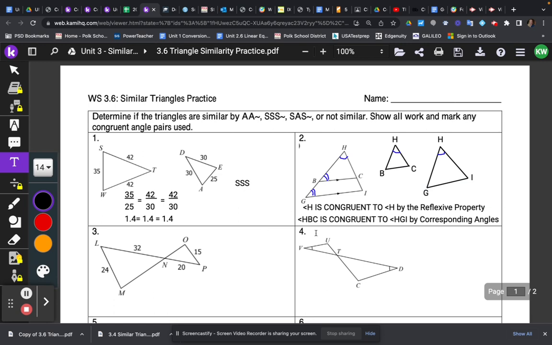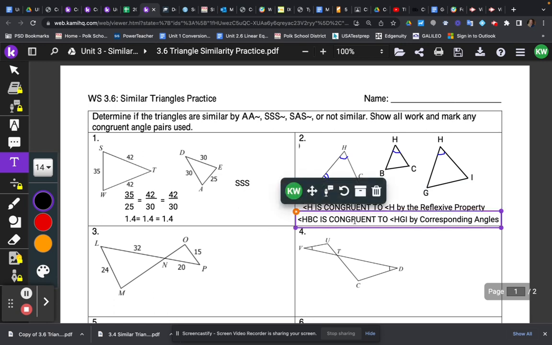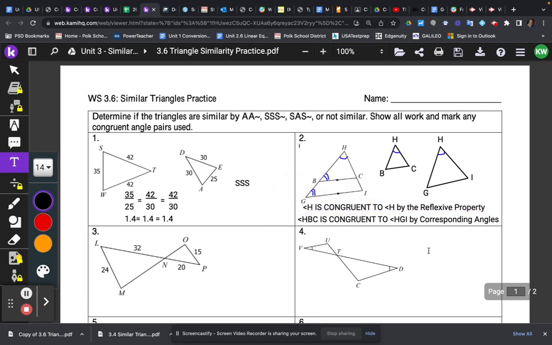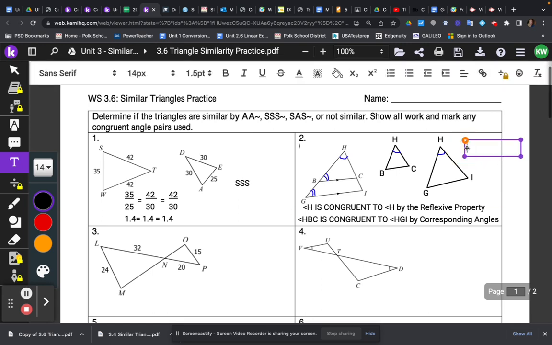And angle HBC is congruent to angle HGI by the corresponding angles. So what do we have here? Absolutely no sides. There's no way we can prove anything. Wait a minute. These are not congruent. They're similar. And we know if we have two, then we have them all. So we'll call this, which one? Angle, angle.